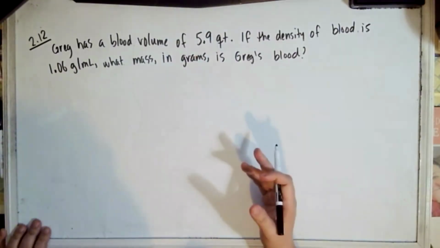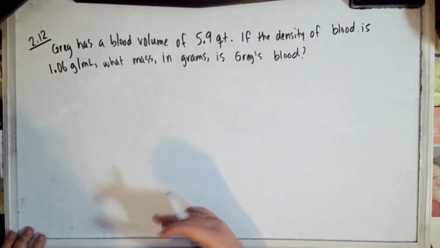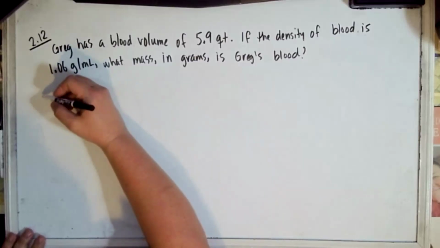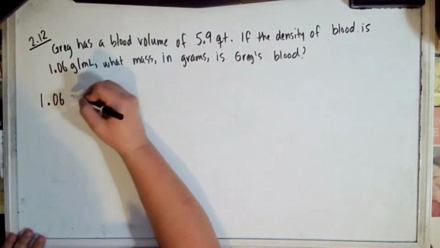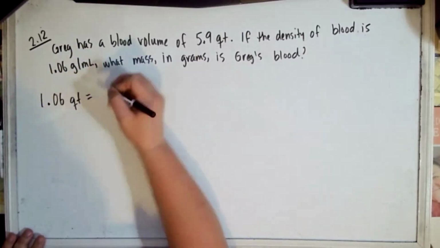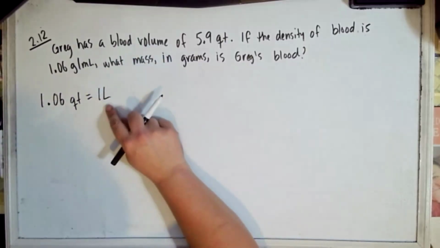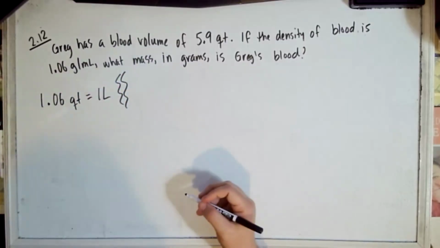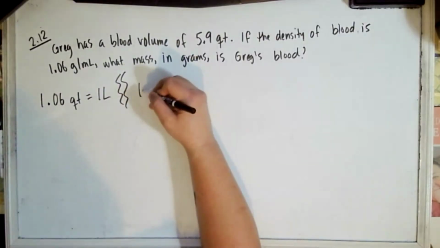I'm using the ones from the table because I want to use the ones that you're going to be more familiar with. So when you're looking at the metric US conversions that are on your table, the volume conversion that they give us to link the two of them is that every 1.06 quarts equals 1 liter. From there, split this apart. We can connect liters to milliliters using our metric conversions.